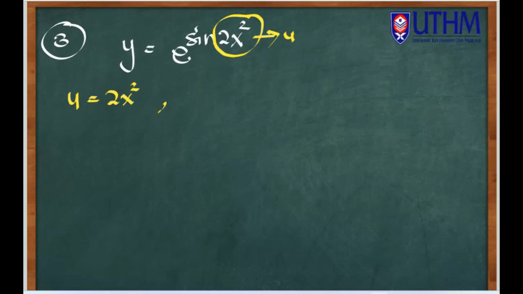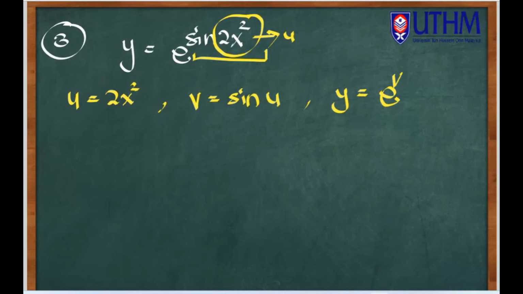Meanwhile, we will assume the whole sine 2x squared, or simply sine u, as v. So we just assume v equal to sine u. Due to this, our y becomes exponent v.